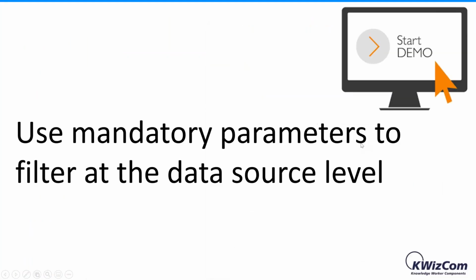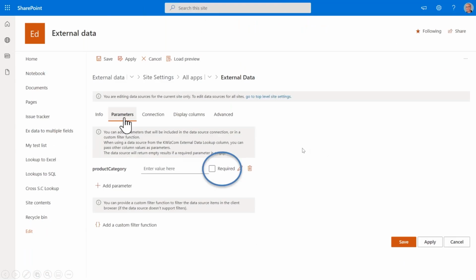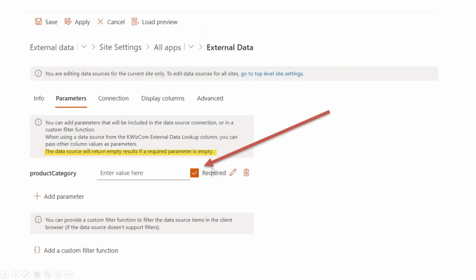So to do that, you need to go back to your data source, and I'm talking about the products data source. And if you remember, we had here this parameter, which I left as is. Now, if I want to filter a data source at the data source level, I need to make the parameter required. And once you make it required, you can also see the message that we display here.